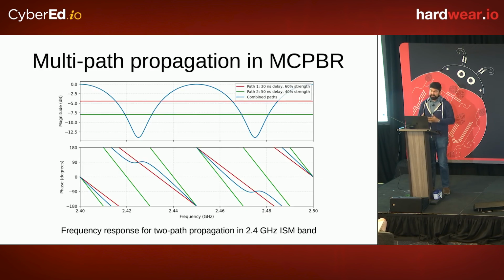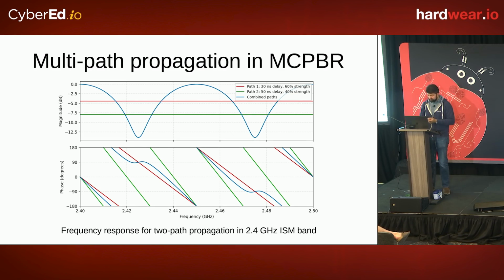When you're doing multi-carrier phase-based ranging, there is a way you can unentangle this. So if we're measuring the amplitude and phase shift for the round trip at multiple frequencies, while individual paths, let's say the individual paths always have the same signal strength in themselves, and the phase shift follows a consistent line, when you're combining multiple paths, you end up with these curves in the phase and oscillations in the amplitude as you vary the frequency.